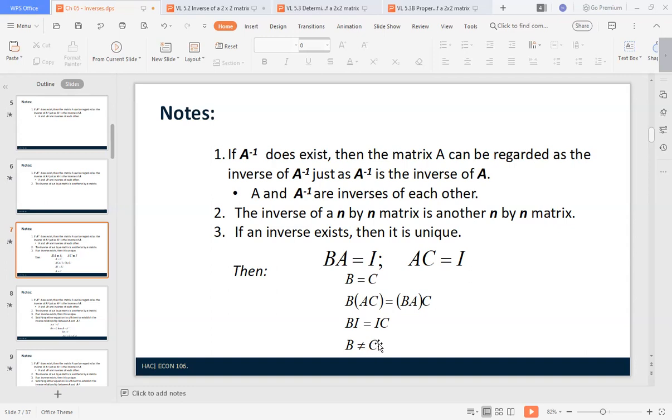And even if coincidentally the matrices are equal, this does not support the requirement that if an inverse exists, then it should be unique. So if the inverse of A is only B, there should be no C. That's one weird, but anyway, I think you get the idea.